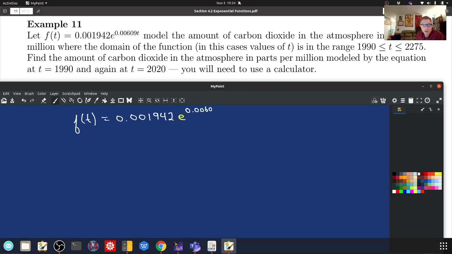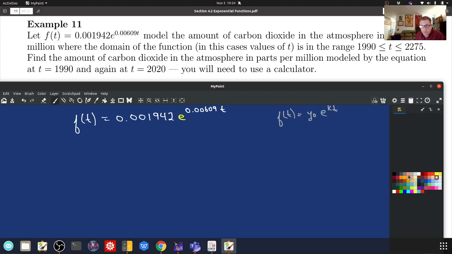And remember, you're comparing this to f of t equals y naught times e to the k t.